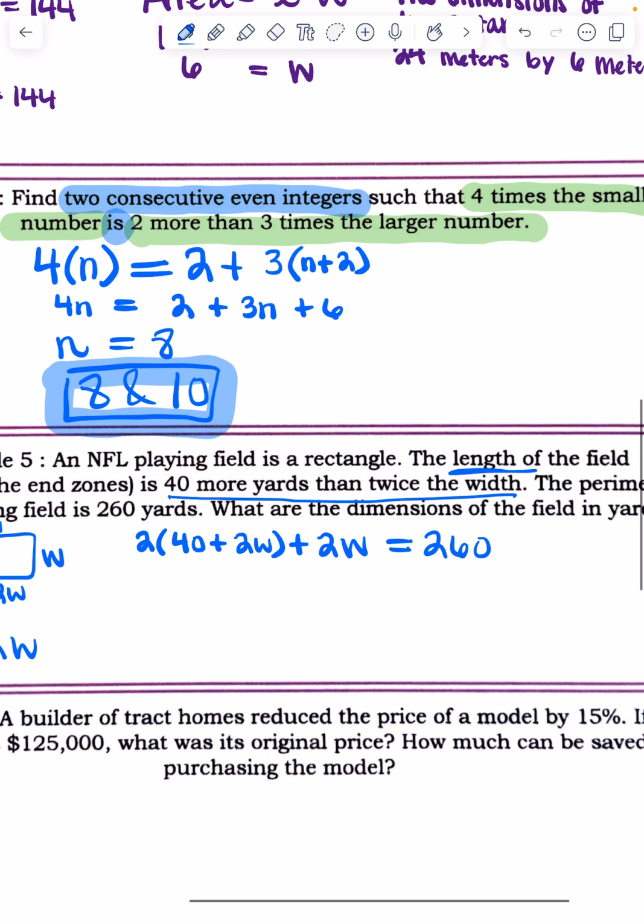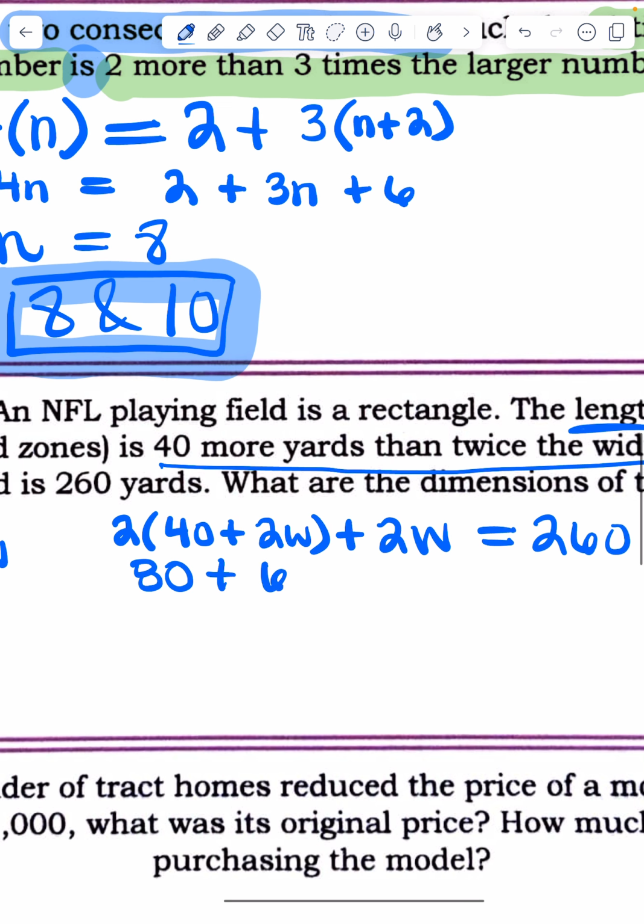Okay, so I can distribute out and solve. So I have 80 plus 2 times 2 is 4, so then I end up with 6w equals 260. Subtract 80, divide by 6. We get w.